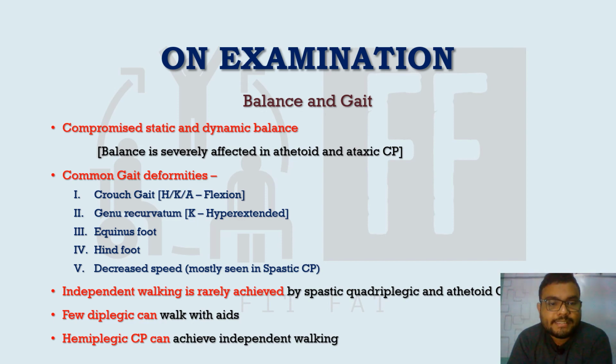Now remember, all these points are basically a theoretical idea about the goals you can achieve with a CP child, right? In practical cases, things might change, so you need to assess it all in practice.